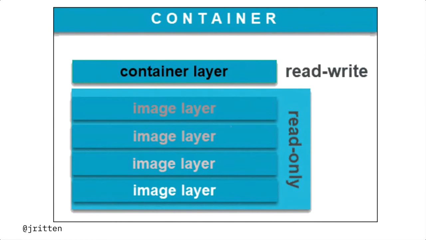So we're looking at this container layer here. This is our container image. It's a package of software that includes everything needed to run the application: the code, the runtime, any system tools, libraries, and settings. What's good to keep in mind is that a container image becomes a container at runtime.